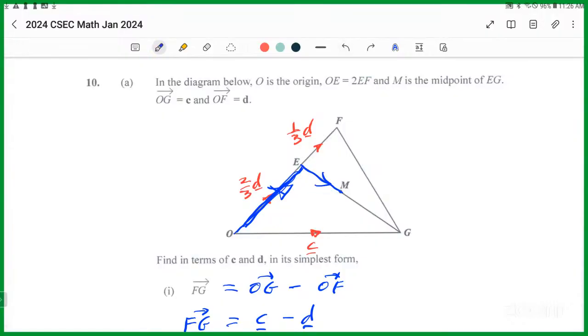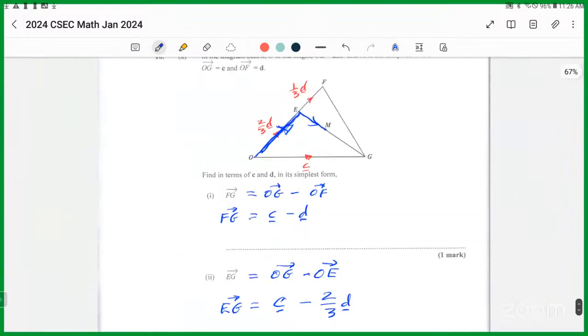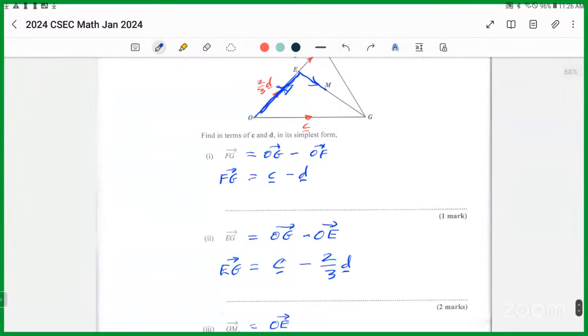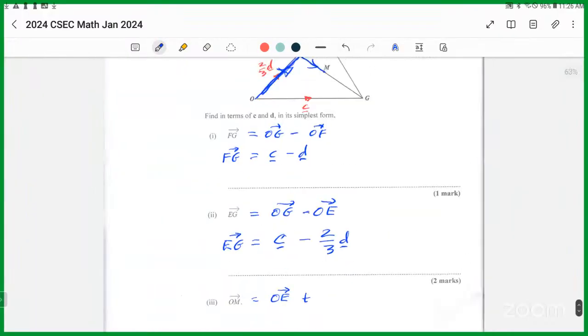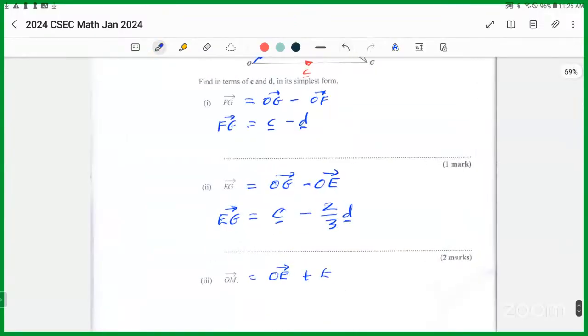So that's what we're going to write up. O to M. See here now. O to M is the same as going from O to E first, using this vector, and then, based on the diagram, we're going to go from E to M, right there. E to M. That's how we're going to go from O to M right now.